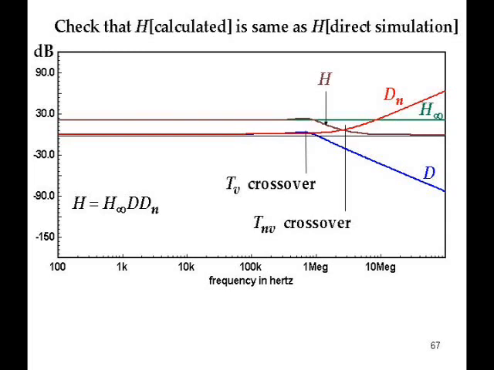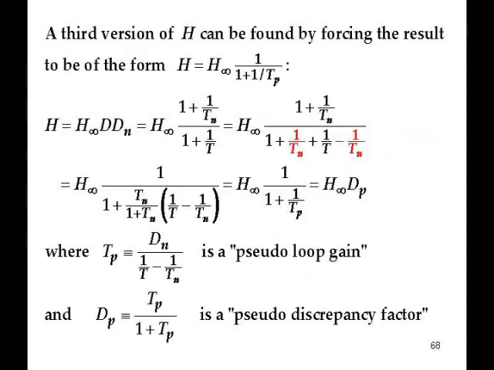Now, notice that the format of this augmented theorem has a 1 plus 1 over Tn in the numerator and a 1 plus 1 over T in the denominator. Now, you can manipulate that and put it all into the form of a 1 plus 1 over Tp. You can force it into that form just algebraically, and here's how you can do it.